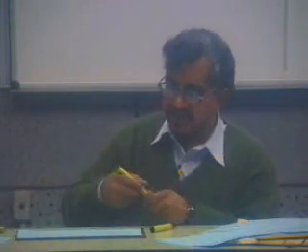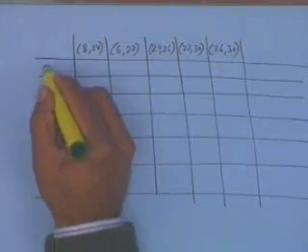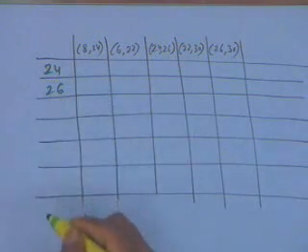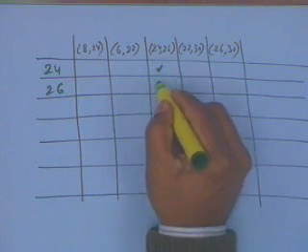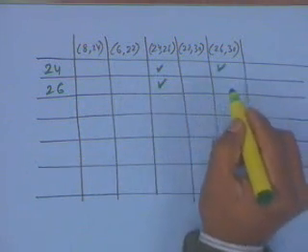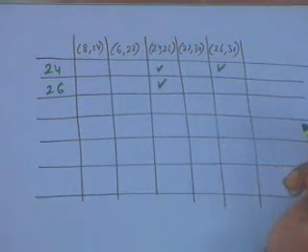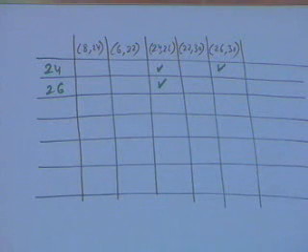So I can draw this anywhere, 24 and 26. I don't have to bother. And now let us look at this, so this is now the reduced cover table. So the choice now is obvious.